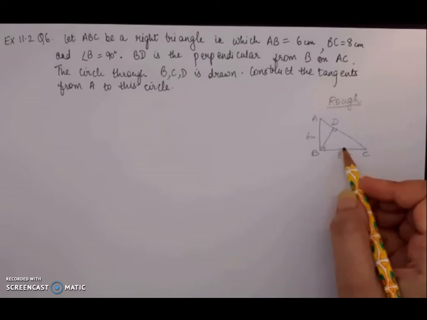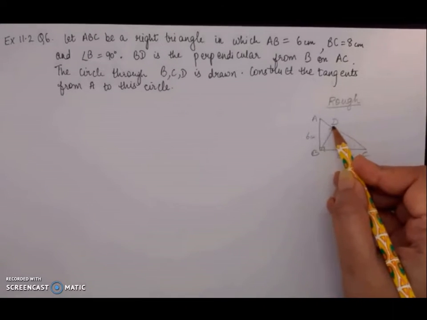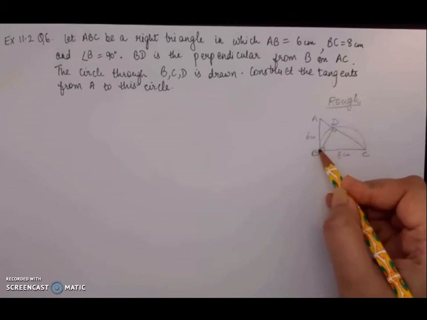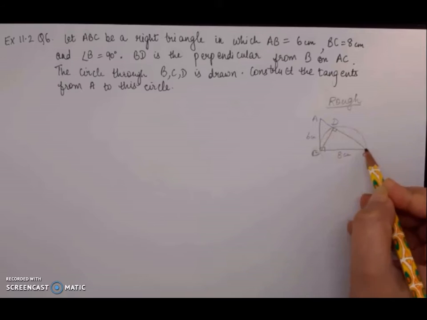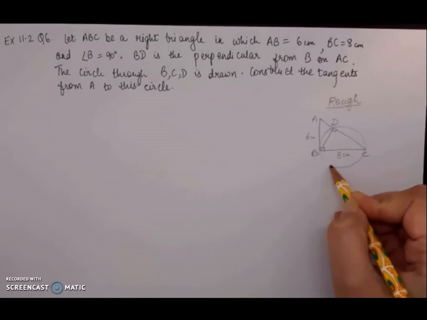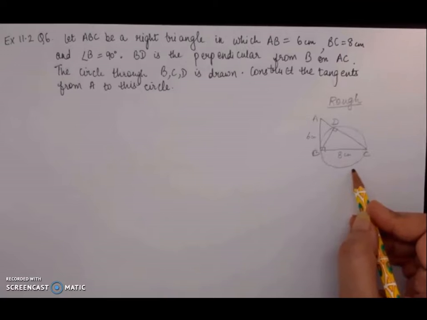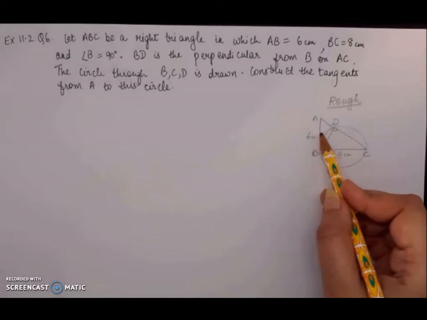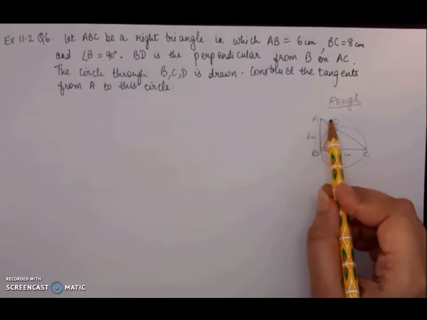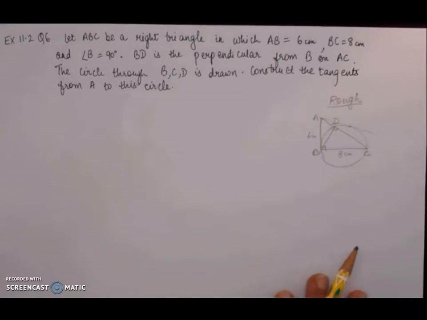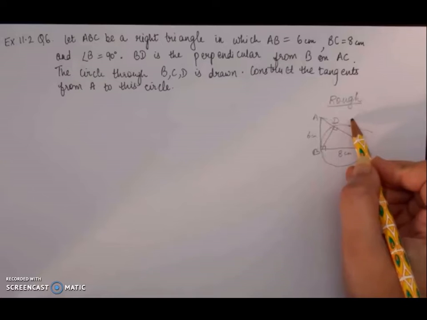So BD is perpendicular to AC, that has to be constructed. Then we have to draw a circle in such a way that it touches all the 3 points B, D and C. After that we have to construct a pair of tangents from the point A, vertex A of the triangle, to this circle. This is the construction.